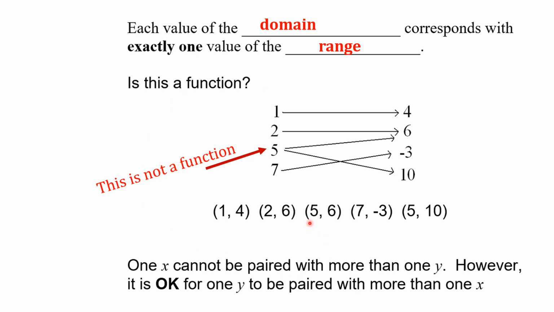But when I say 5, you could say 6, or when I say 5, you could say 10. You don't know what you're supposed to say back. That means it's not a function. A function is a relation, but a function is a relation in which you know what you say back. You know what comes out of the function machine. You drop a 5 in, you have to know what's going to come out. In this case, you don't. Could be a 6 pops out, could be a 10. That's not a function.